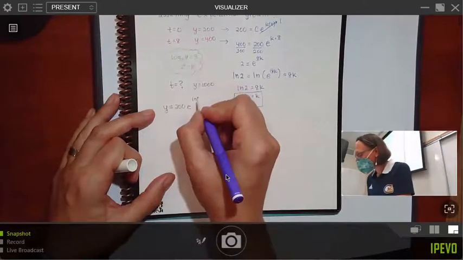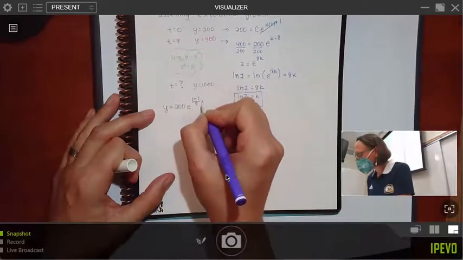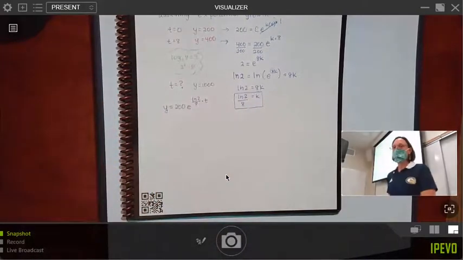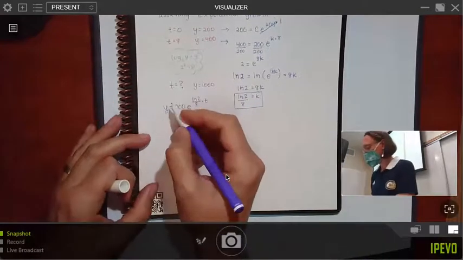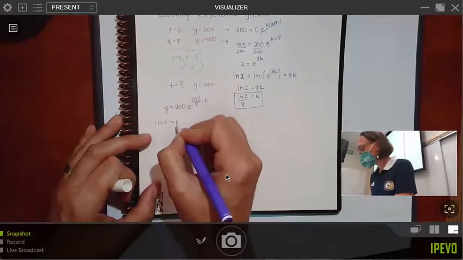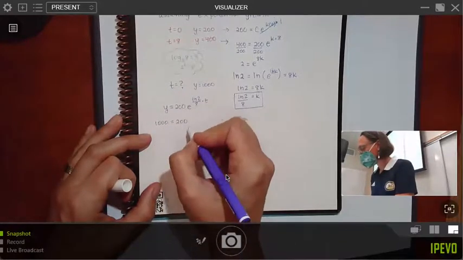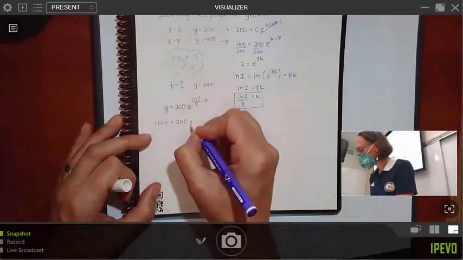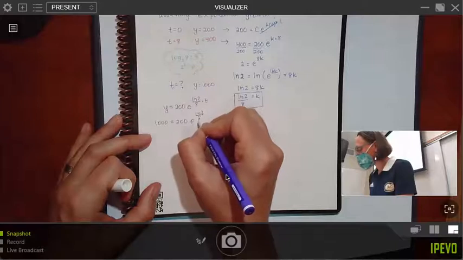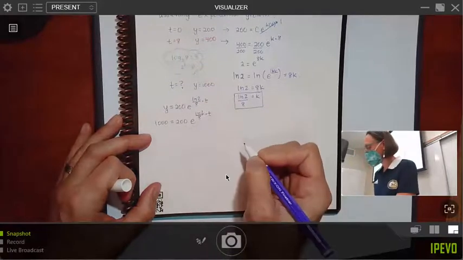So I'm going to have ln of 2 divided by 8 times t. And now we can plug in the 1,000 for y. So I've got 1,000 is equal to 200 times e to the ln 2 over 8 times t.